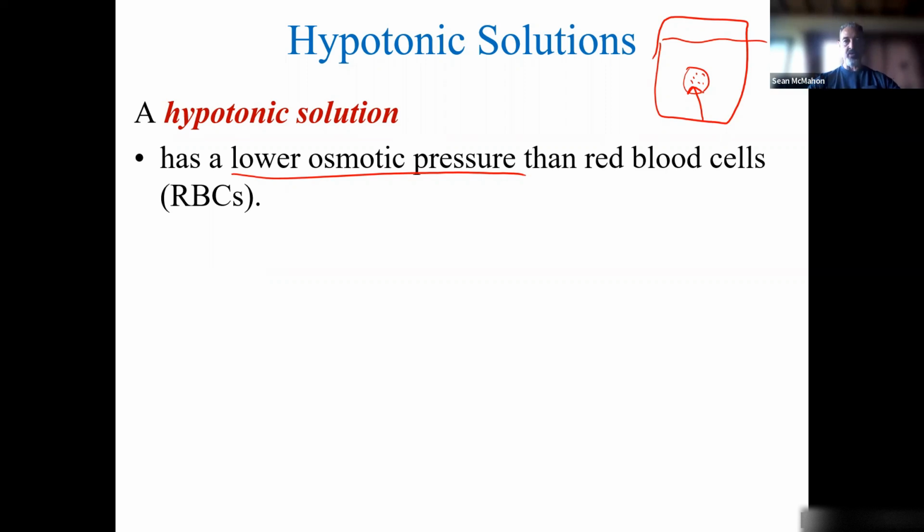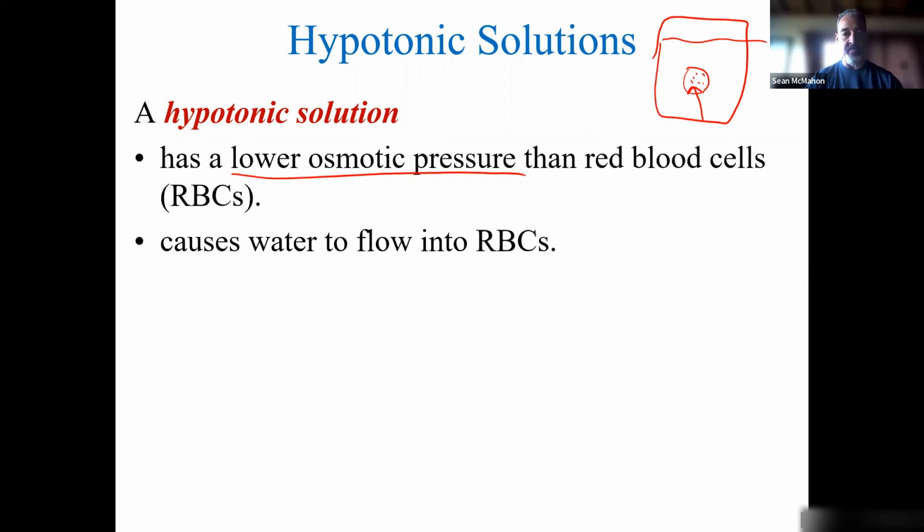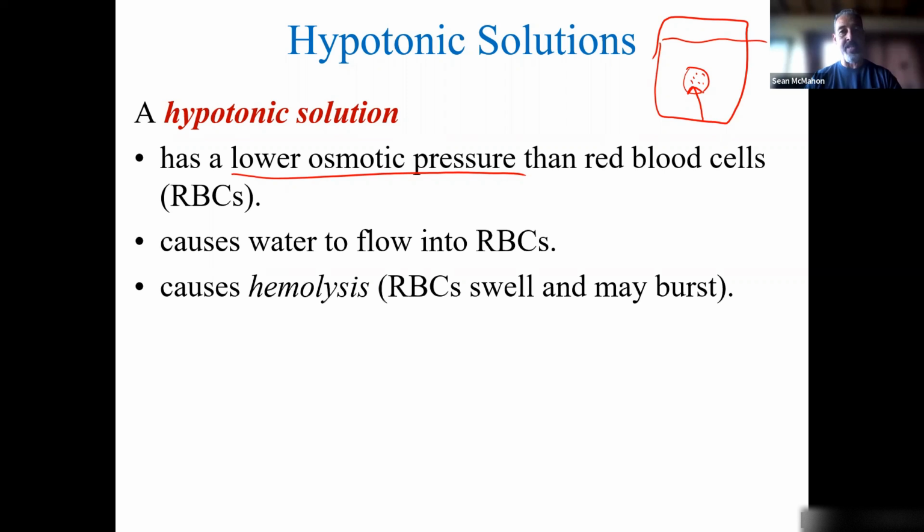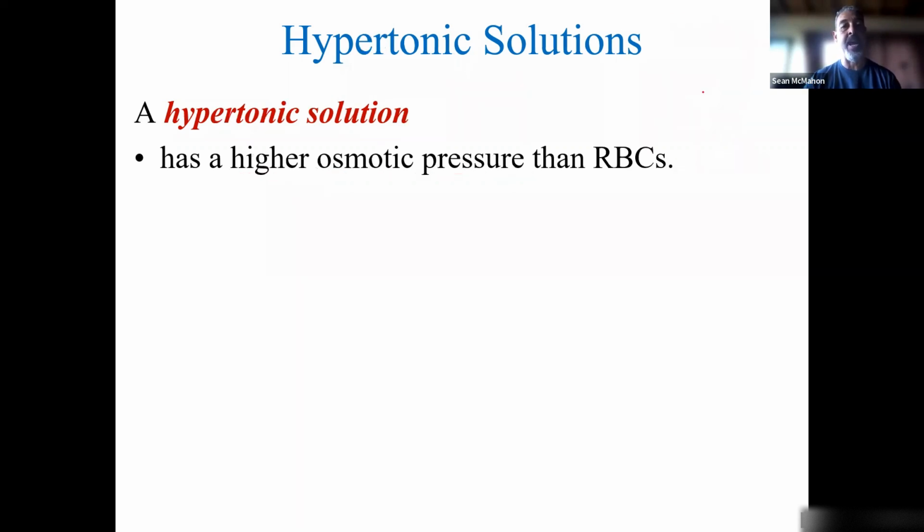As water's rushing in, the water level rises and the cell's going to expand. And unfortunately, when water flows into a cell, hemolysis, lysis, it's going to burst and you're going to kill the cell. So that's not a good thing. We don't want that to happen.